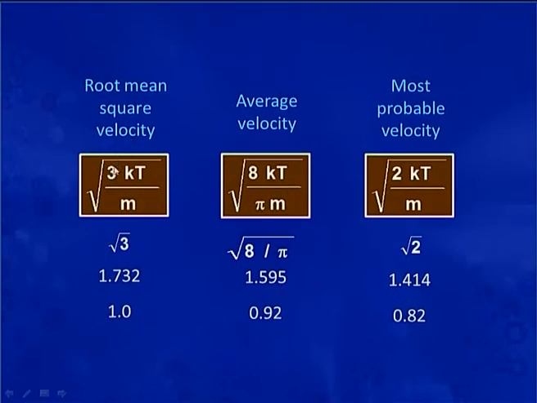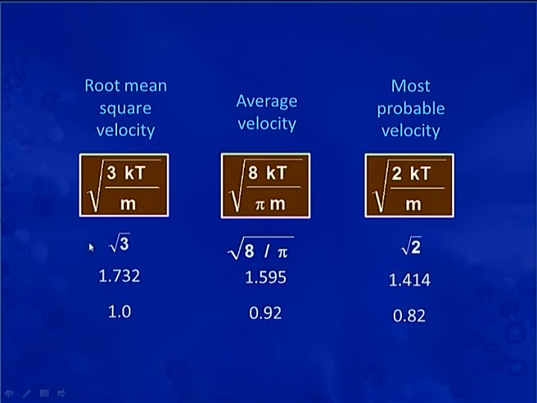Let us discuss the relation between root mean square velocity, average velocity and most probable velocity. Root mean square velocity is √(3kT/m), average velocity is √(8kT/πm), most probable velocity is √(2kT/m). So, the ratio is √3 : √(8/π) : √2.